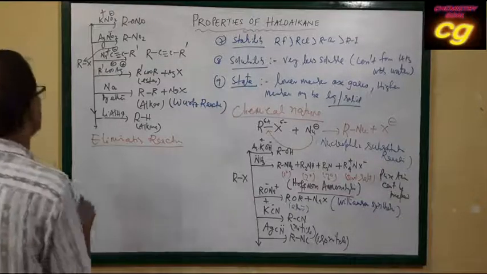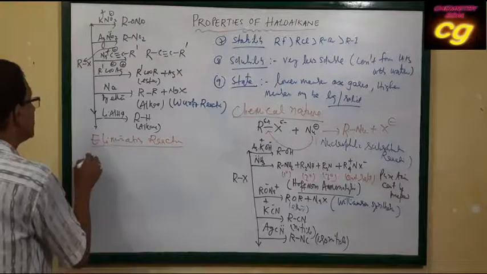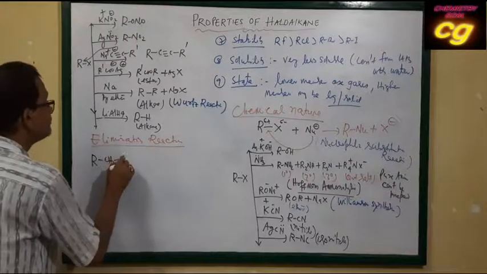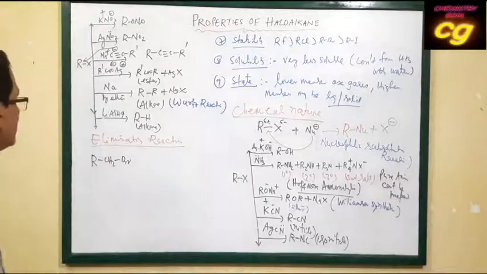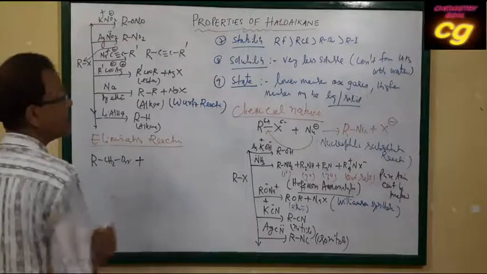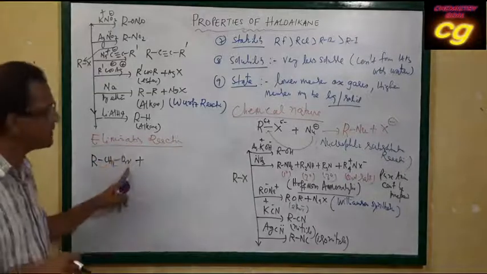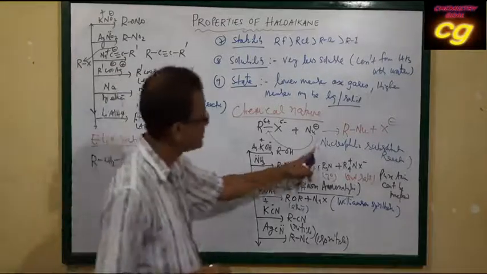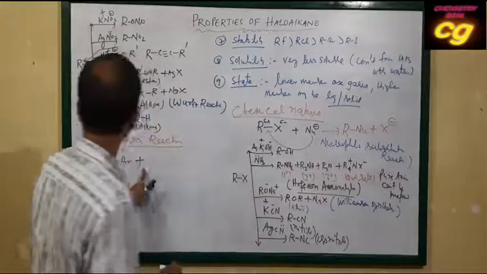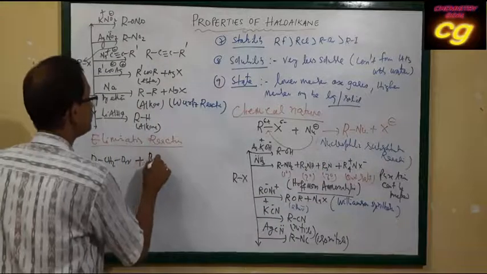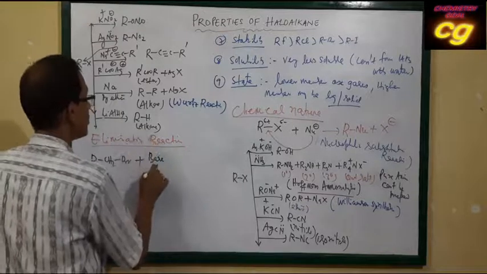How? Suppose you take one compound, RCH2CH2Br. This is one haloalkane. Here the reactant is a nucleophile, but here the reactant we can say is a strong base.